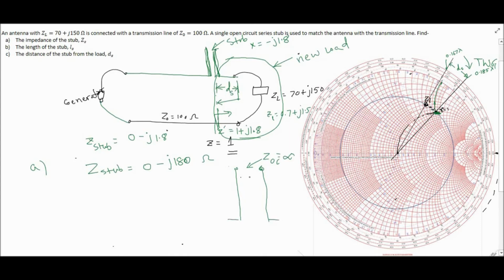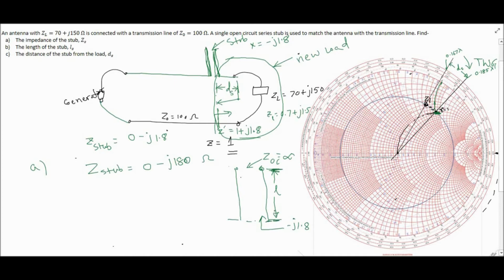And you have to find the impedance at this point. Looking from here, the impedance at this point must be negative j1.8. So the length should be chosen like this, so that you can go from infinity to negative j1.8.